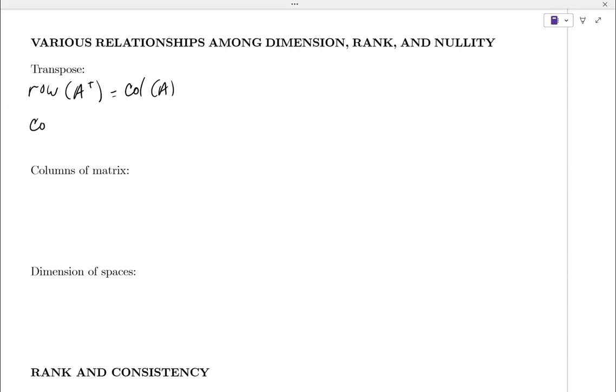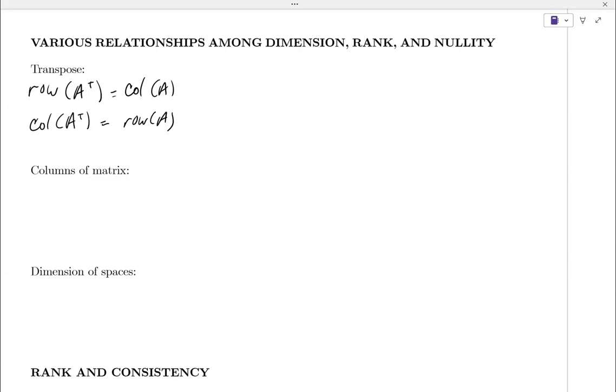And likewise, the column space of A transpose will be the row space of the original. Good. So that's some of the relationships between the transposes of the different things.